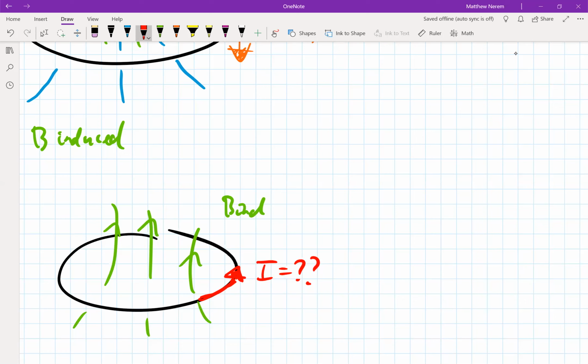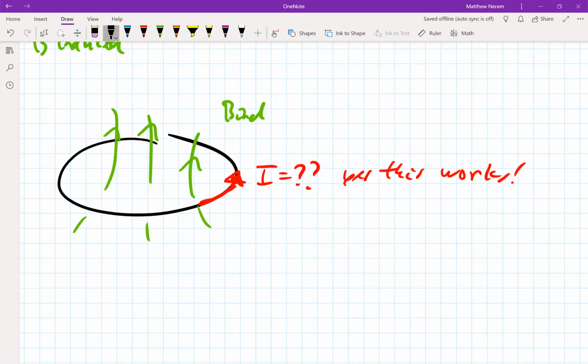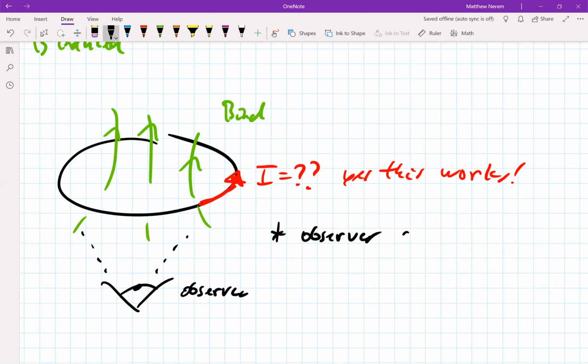Shoot. And that works. That does get the correct current. So yes, this works. And what I'll say is that if I'm an observer from down here, this observer sees, what do they see?